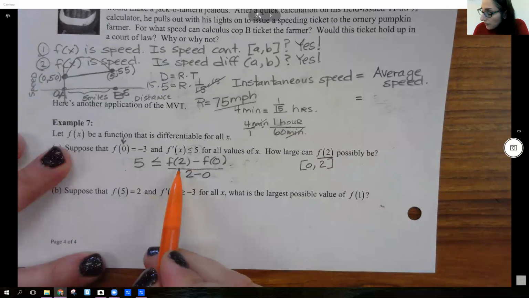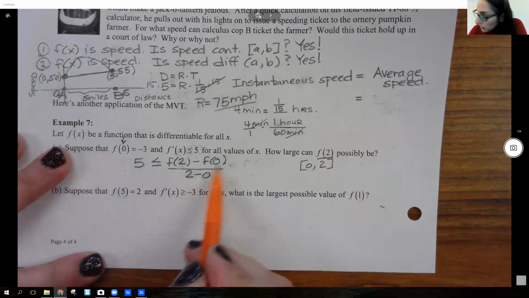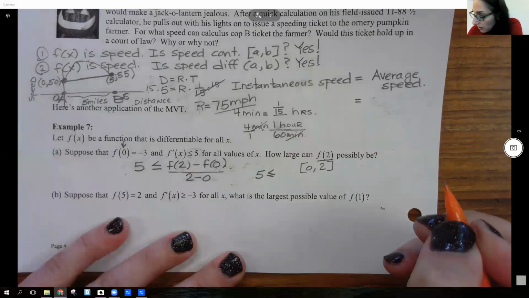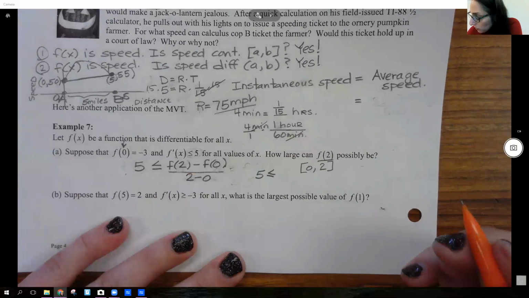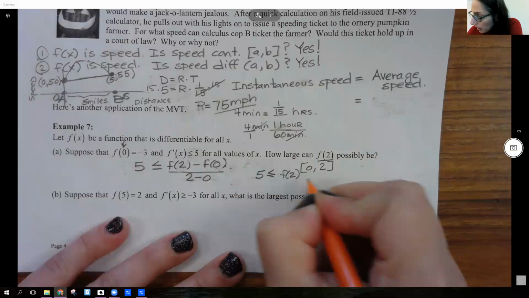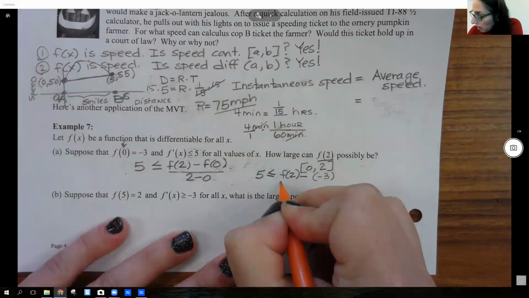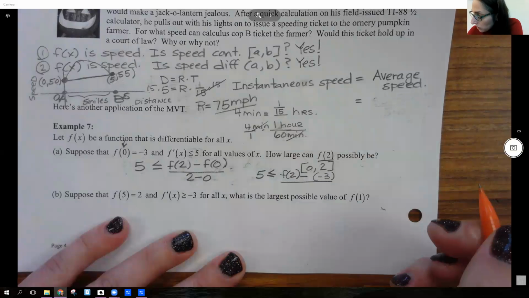So you would put f of 0 in right here. So this would be 5 is less than or equal to f of 2, which we don't know what that is. We're solving for that, minus f of 0, which is -3, all over 2.